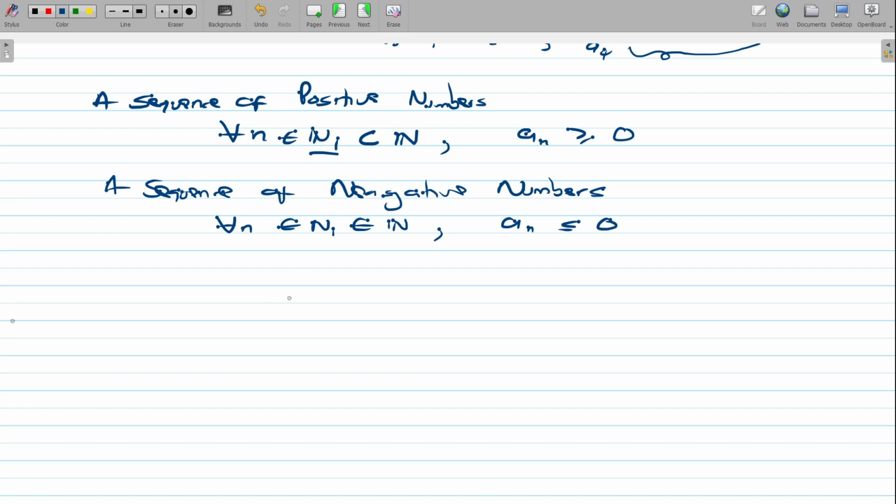Now let's talk about the equality of two sequences. When can we say that two sequences, a sub n and b sub n, are going to be equal? So here is the definition.